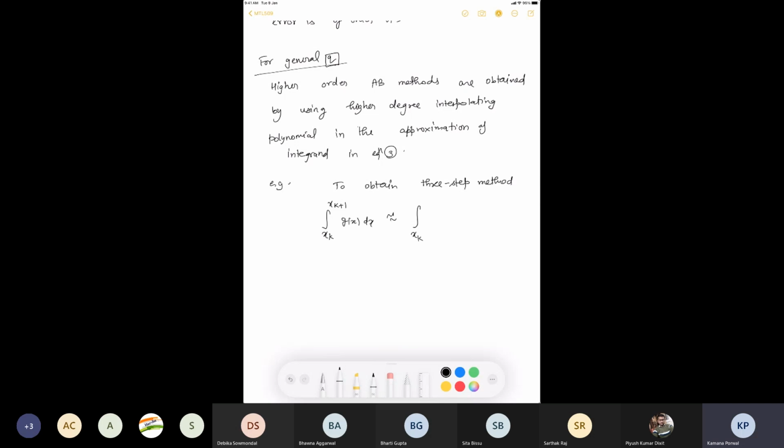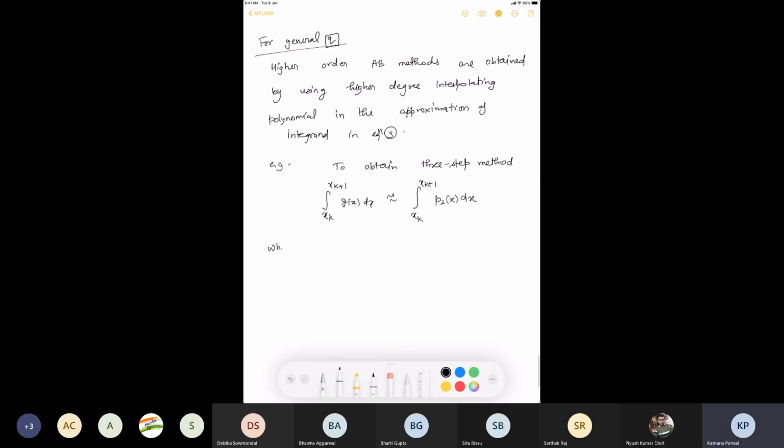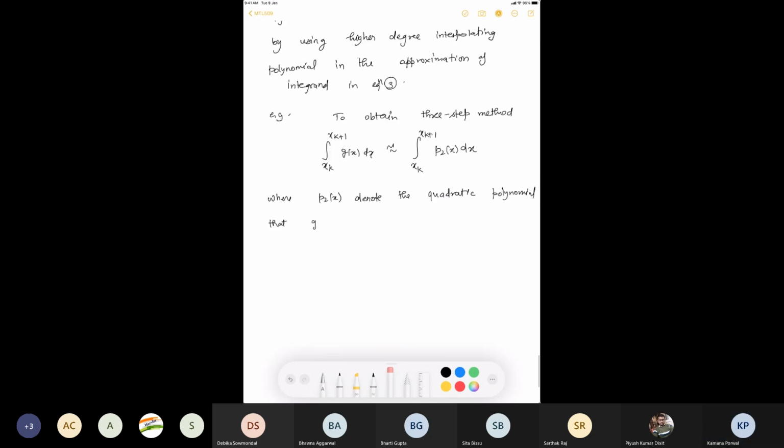So you will be approximating it by, let's call it P2(x), where P2(x) is a quadratic polynomial that interpolates g(x) at these nodes.